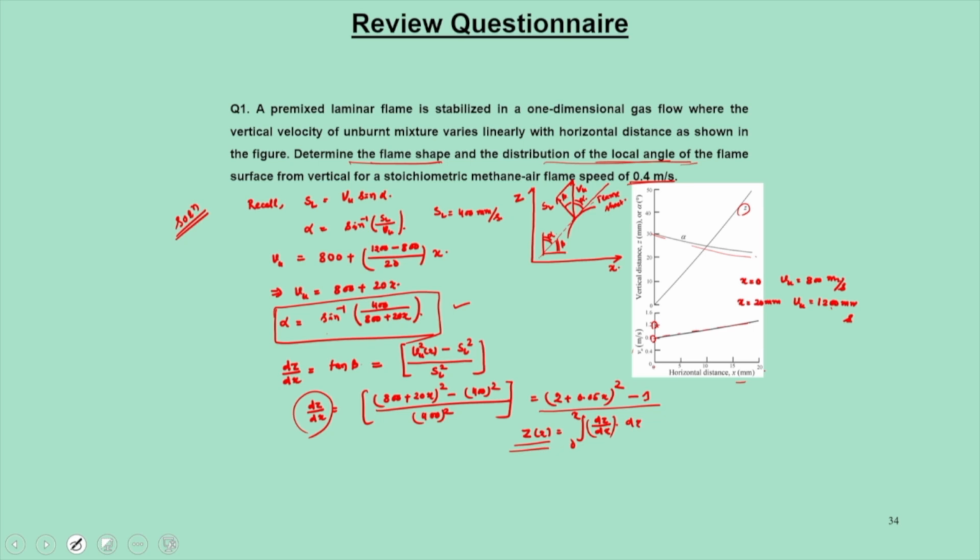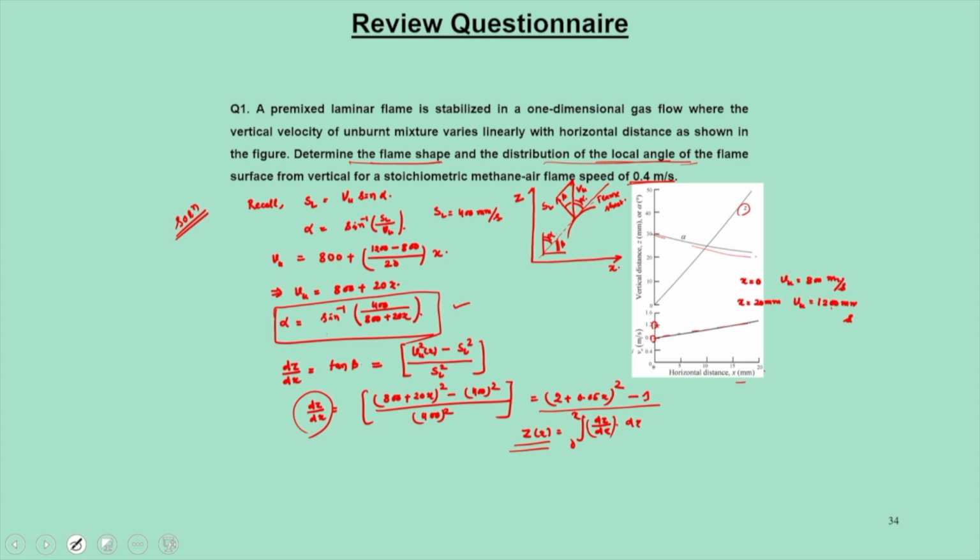The slides also introduce some problem solving for laminar flame. The first problem correlates the onboard charge and flame velocity.